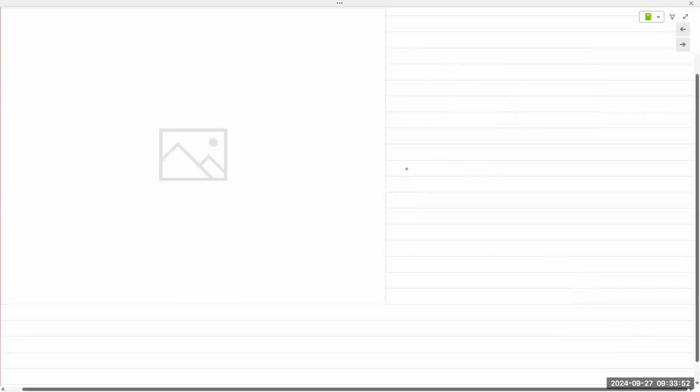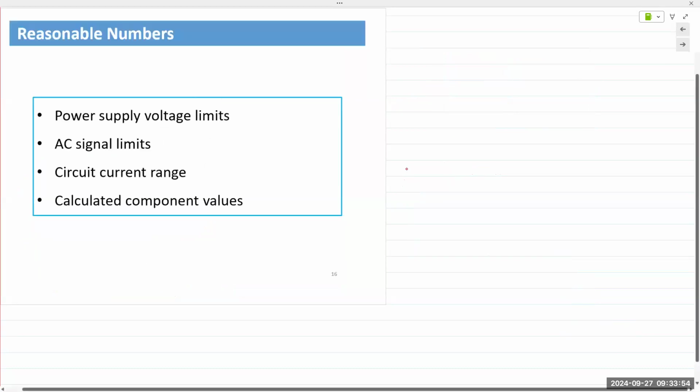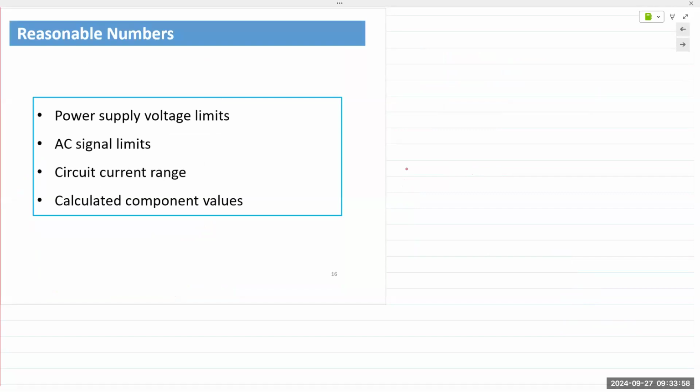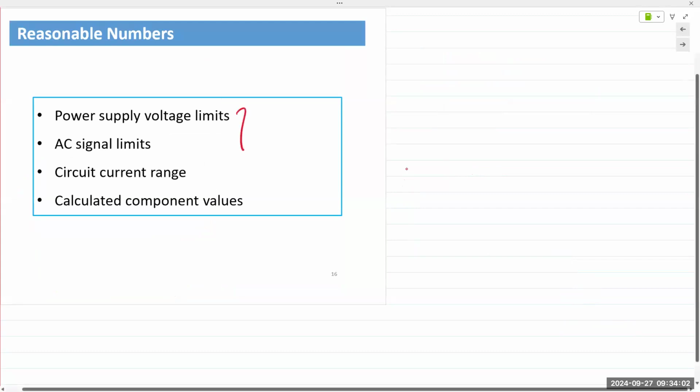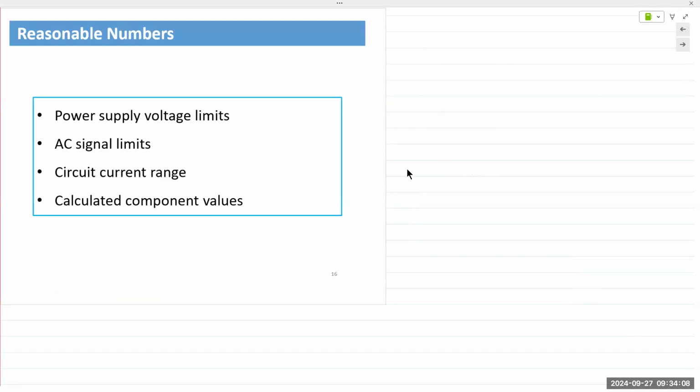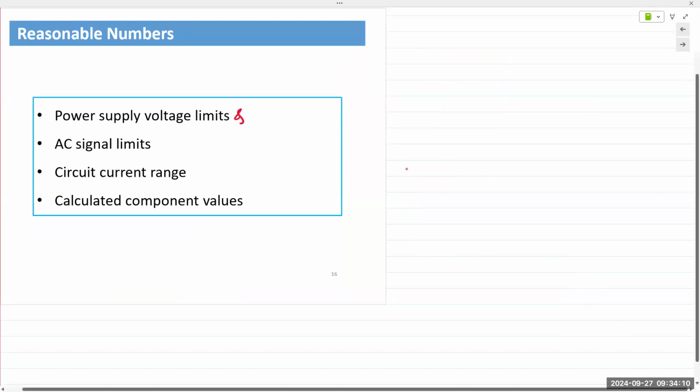And continuing on that approach, you would think about what is a reasonable number in your circuit. These three: first, voltage limits and current limits for that matter. So power supply voltage limits and current limits.